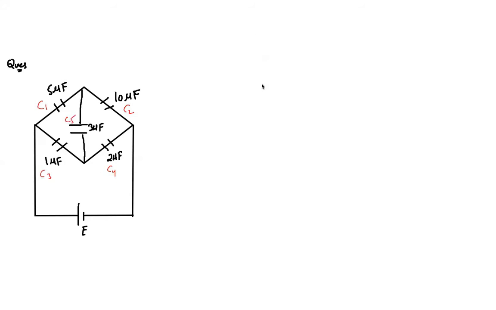First of all, you have to decide whether this Wheatstone bridge is balanced or not. To check, just take the ratio. C1 by C2 is 1 by 2. Similarly, C3 by C4 comes out to be 1 by 2 again.